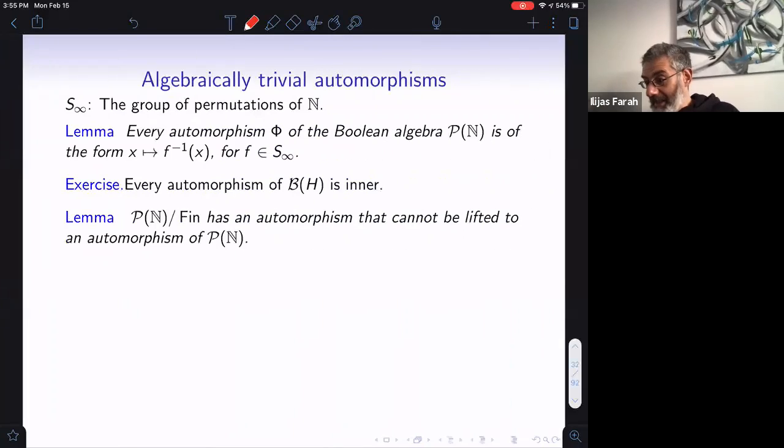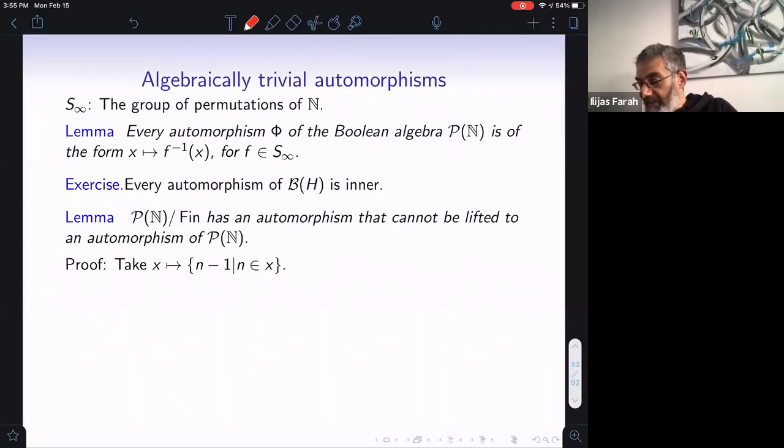Okay. So here is what I already said in a slightly different way. P of n mod fin has an automorphism that cannot be lifted to an automorphism of P of n. And the automorphism, I think it's on the slide, right? Just take the following function: x goes to the set of all n minus 1 for n in x.